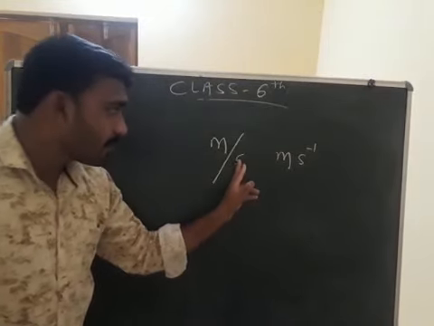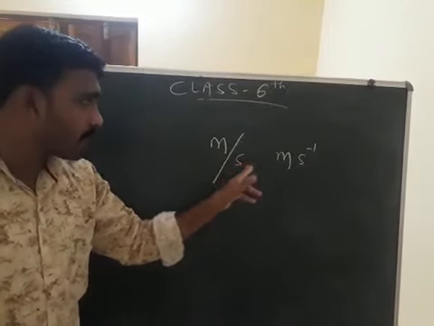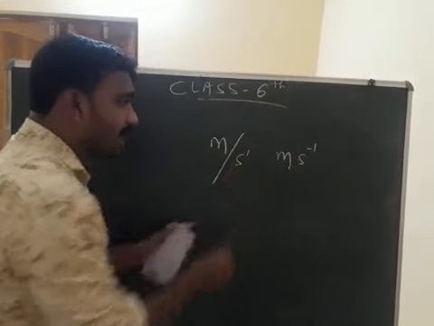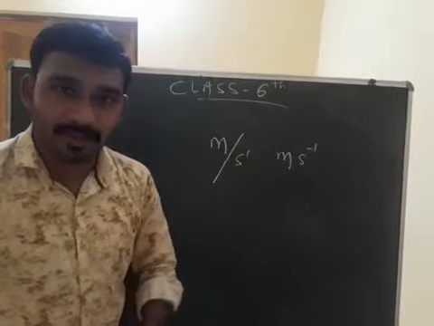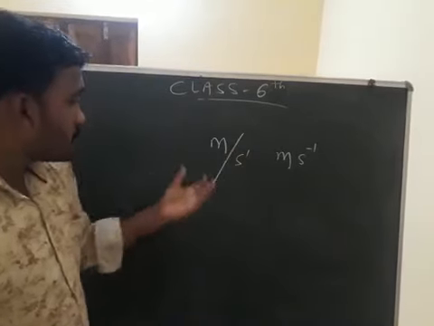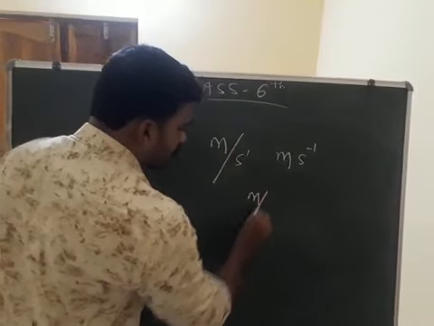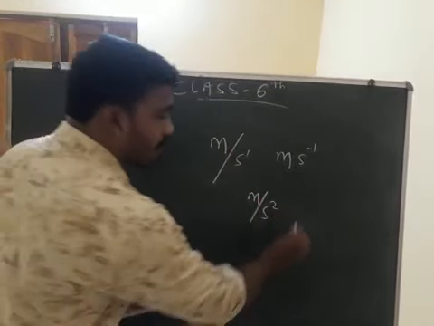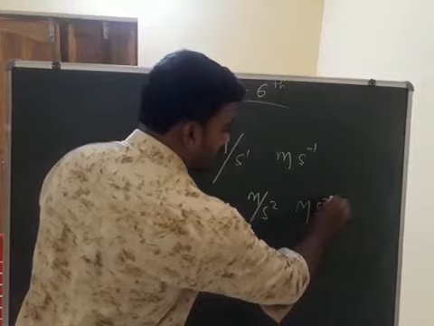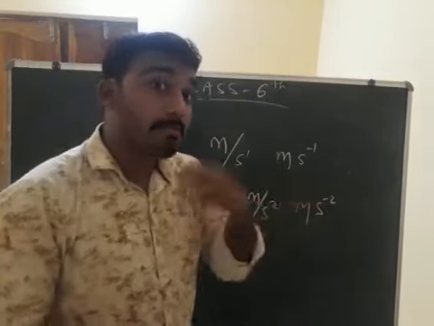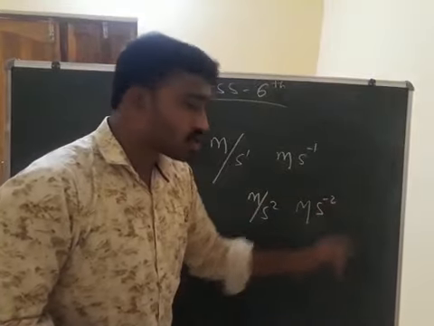When it is on the denominator side and moves to the numerator, the power 1 becomes a negative power. Clear? Suppose the SI unit of acceleration due to gravity is meter per second square. How will you write this? Meter second minus 2. Meter second minus 2 means inverse square.